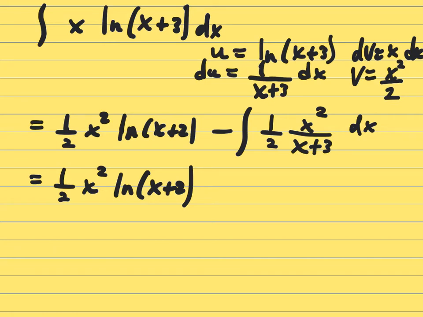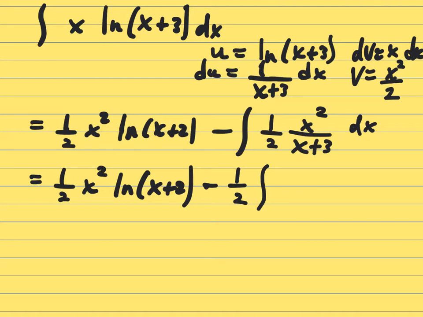Okay, I'm going to pull the 1/2 out. The fraction inside this integral, x squared over x plus 3, we can break that down using long division, and I'm going to write that across the bottom. I'm not going to actually do the integration until we get it rewritten.